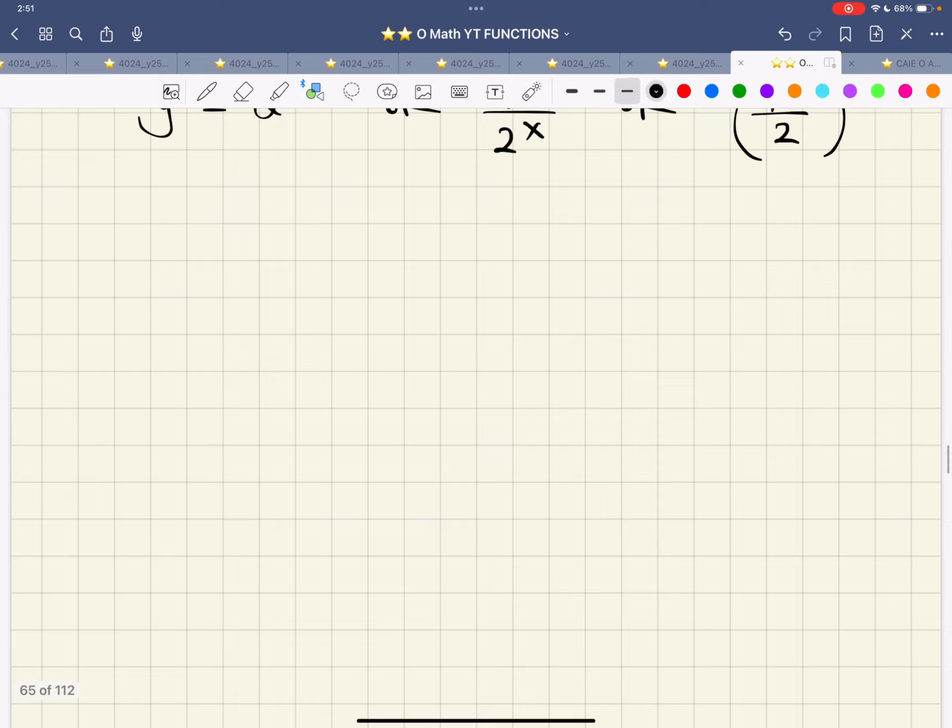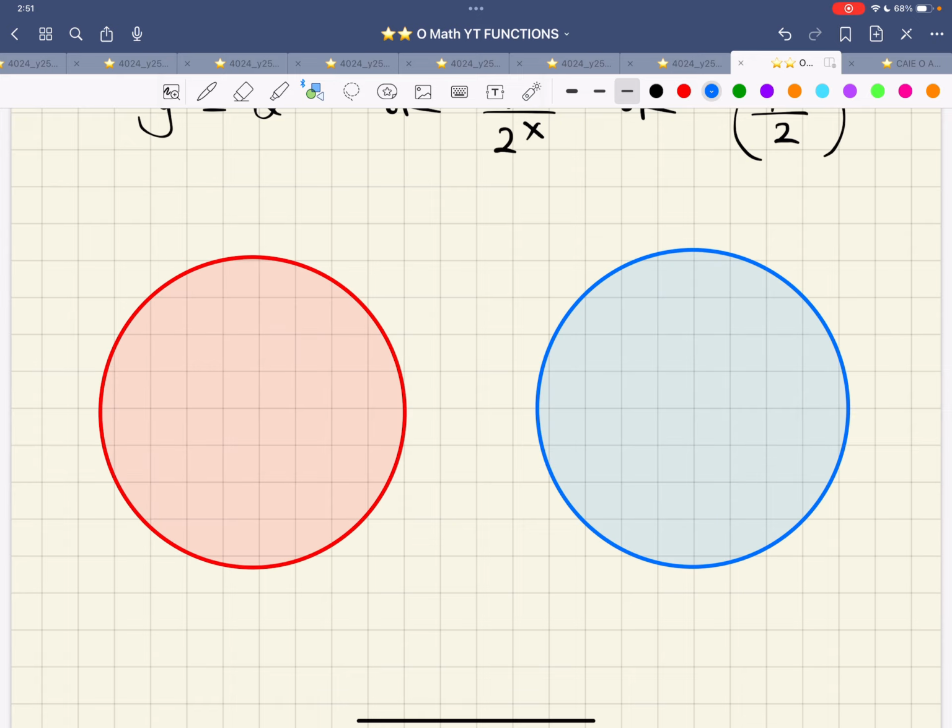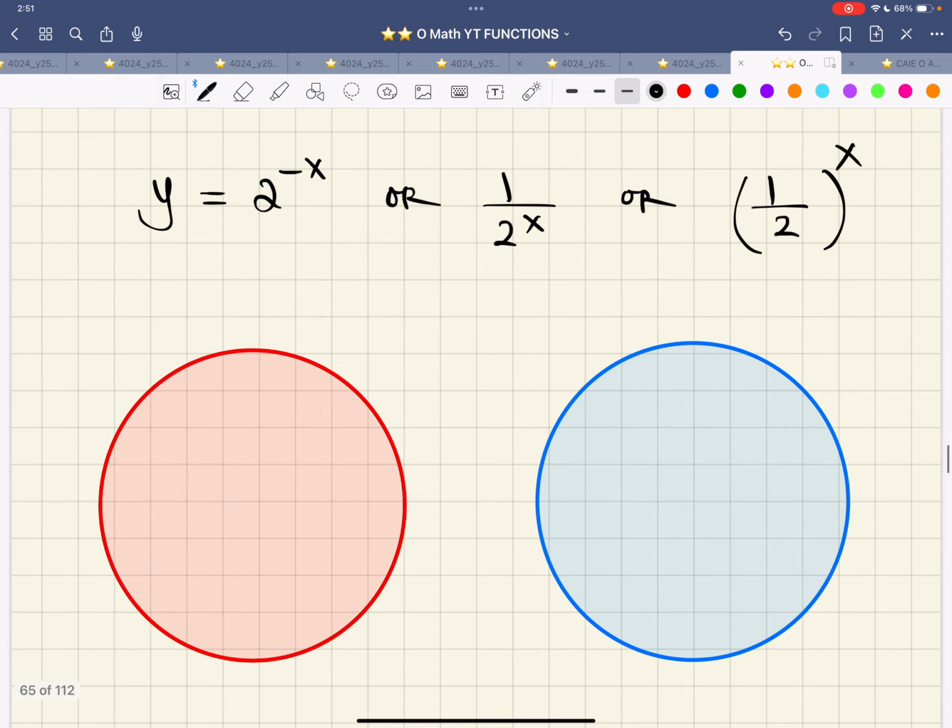So what some people do is that they write things as this. Let me make a box over here. Let me make another box over here. Some people also prefer to write it like this. y equals a^x and a is greater than 1. This is a graph of growth. y equals a^x and a lies between 0 and 1.